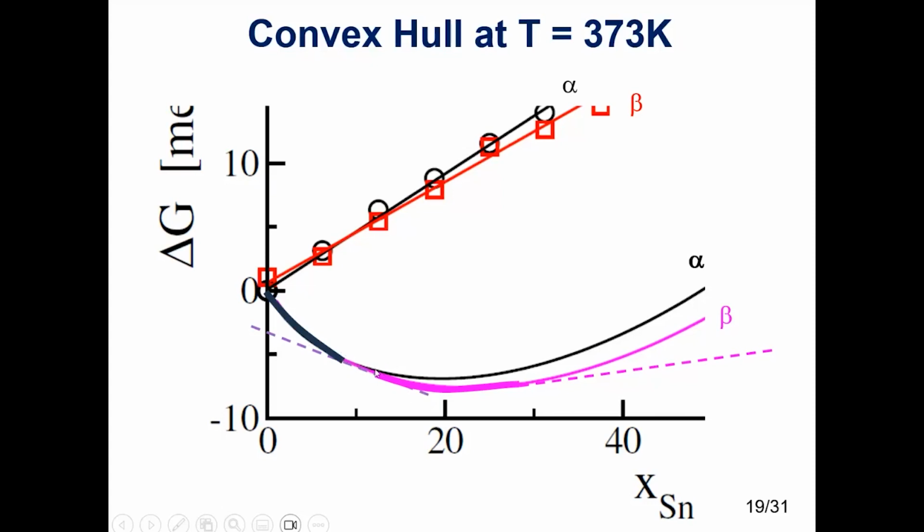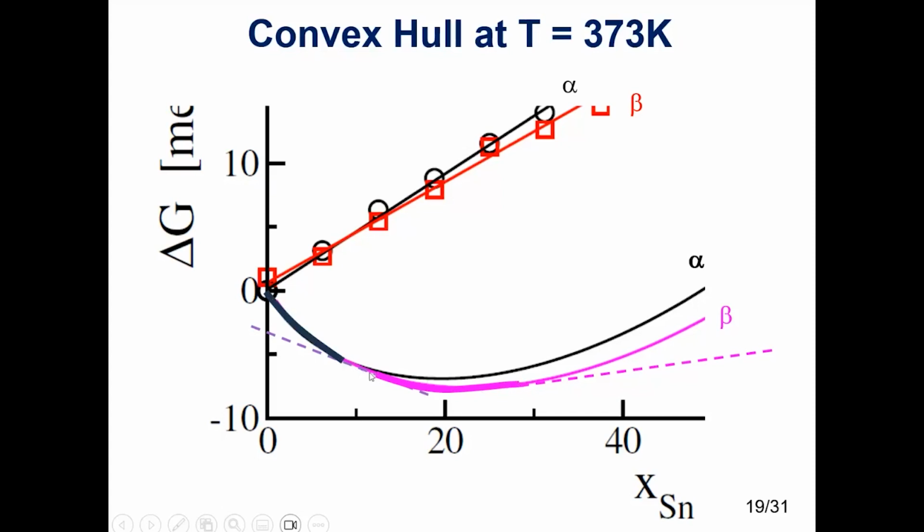And actually the black and magenta curves lie above the dashed line over this interval. So the convex hull is coincident with the state alpha from 0 up to, in this case, about, it seems to be maybe 9% tin. And then from about 11% tin up to maybe 28%, the convex hull follows the curve labeled beta.